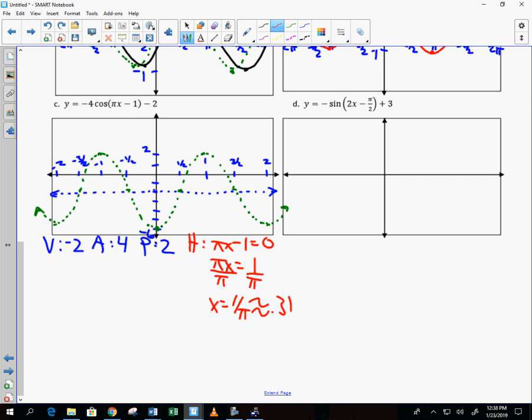So 0.25 would be half of a tick mark, right? So that's a little bit more than half of a tick mark. So I take all these points, I move them a little bit more than a half. Getting pretty good at this, aren't you?